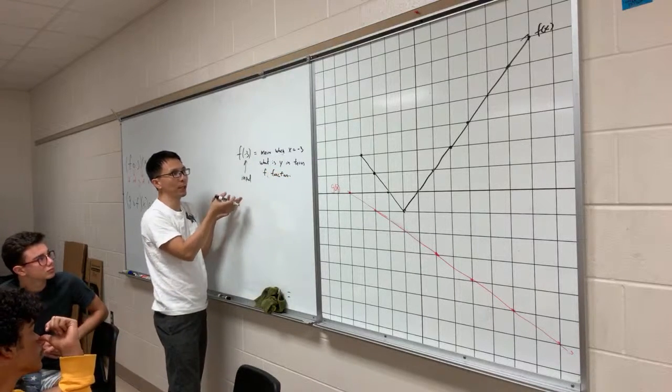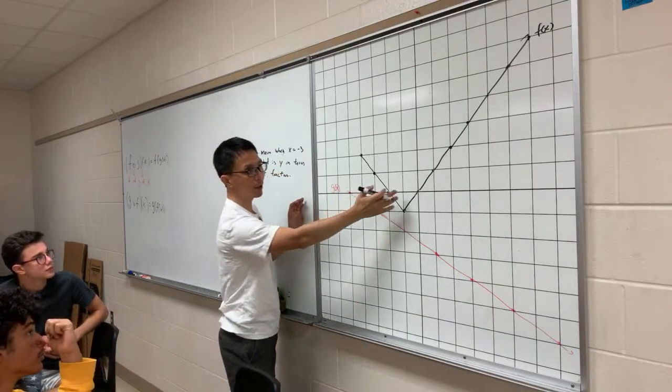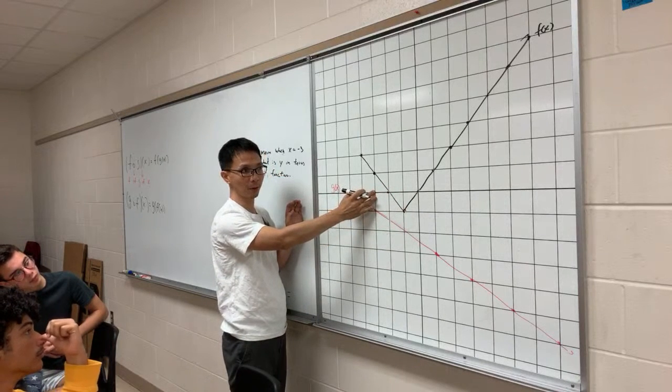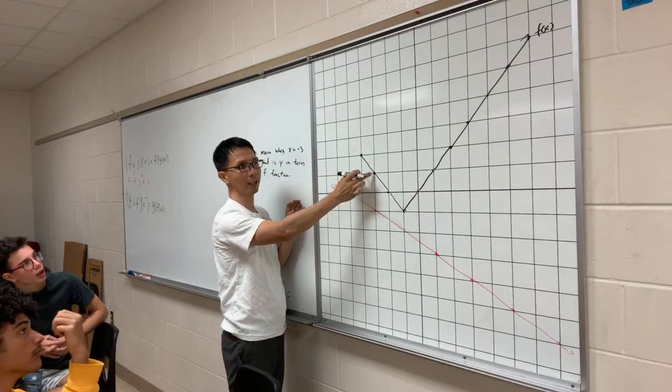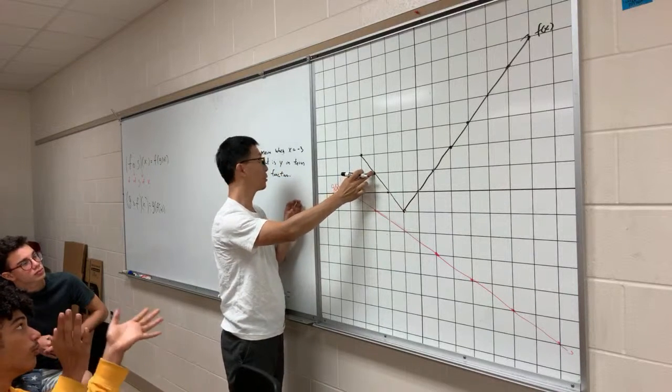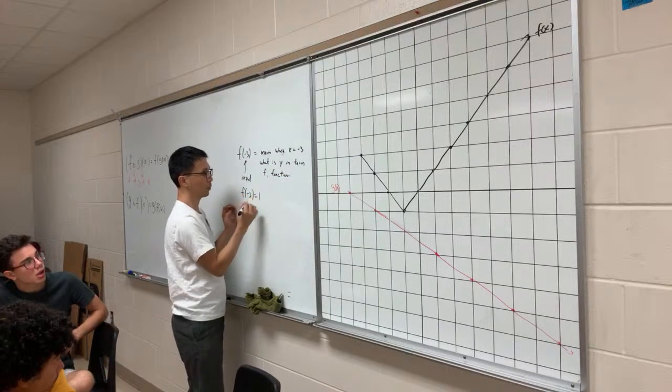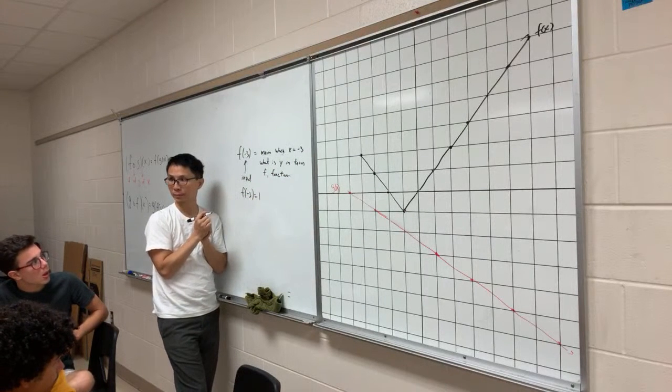All we have to do is put in an input. The input is negative 3, so it'll be 1, 2, 3. My input is negative 3. My output is going to be what is on the graph, the y value. So that's equal to 1. Does that make sense?